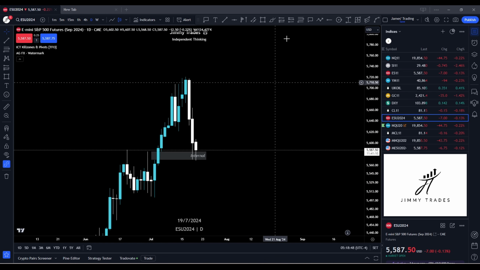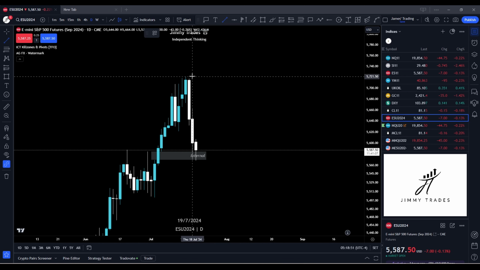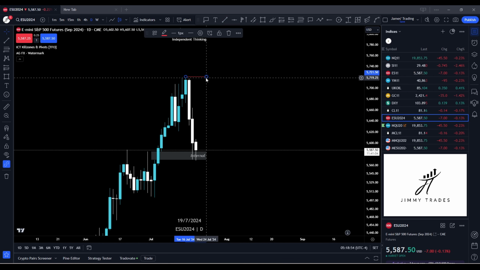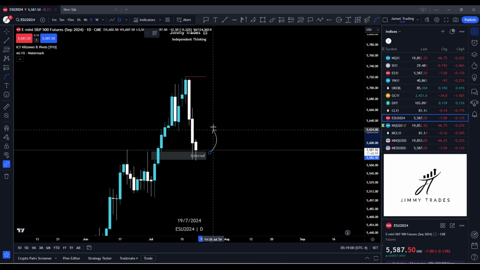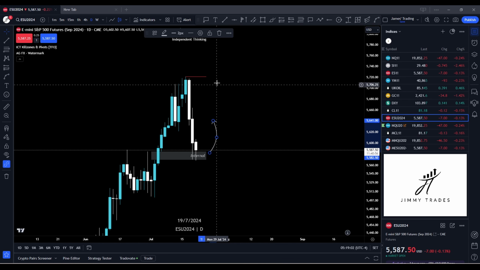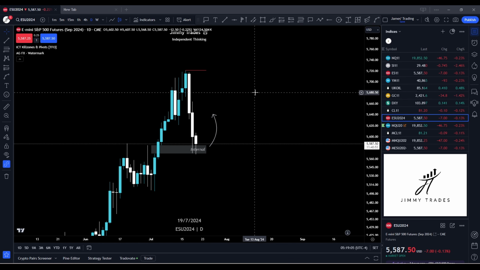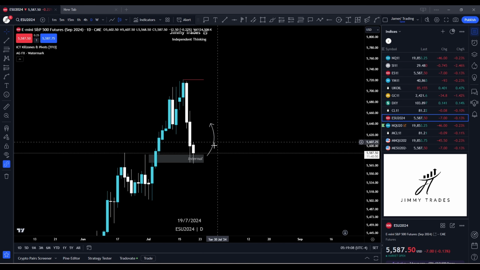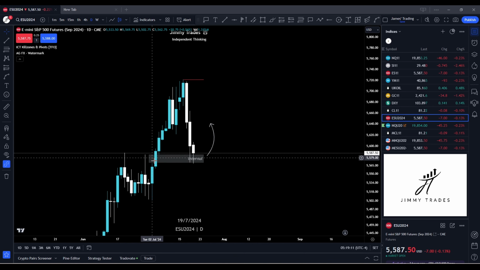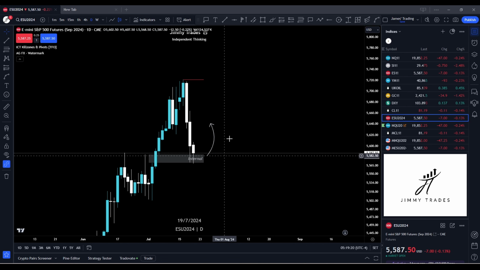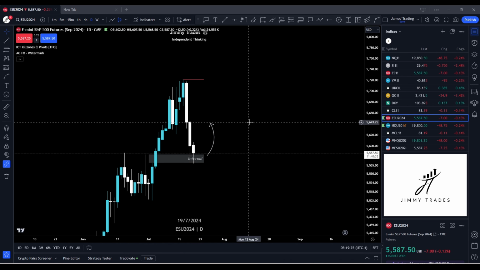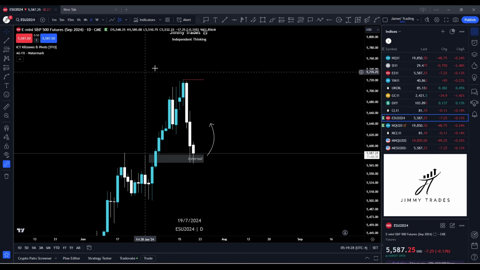Our external liquidity is sitting here at the moment, so I'm not saying we're getting there today, but the idea is that we're moving from internal to external. Okay. I like that this was in a discount. I like that price is respecting this daily bullish FVG. So we can look at the idea of having a bullish bias today on ES.